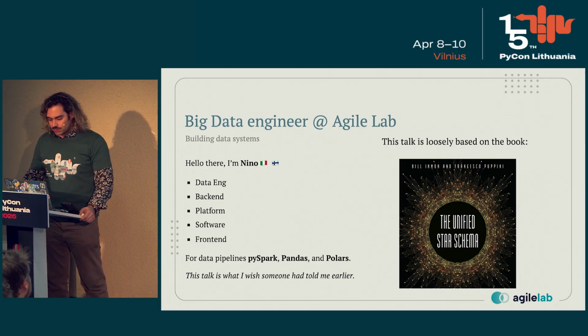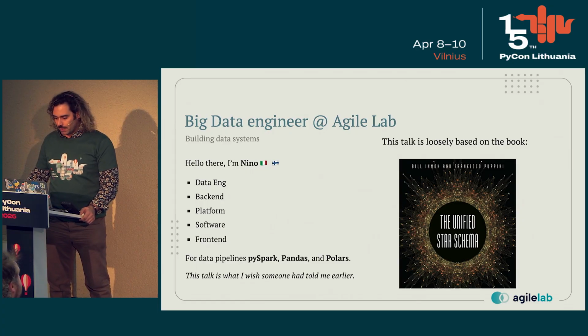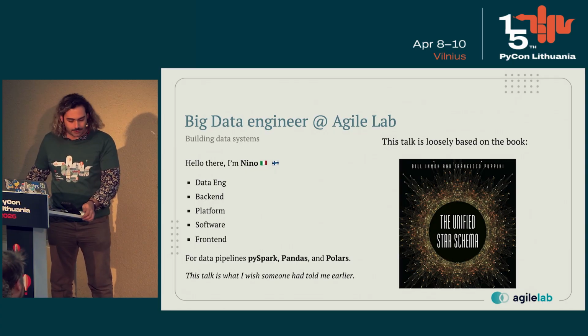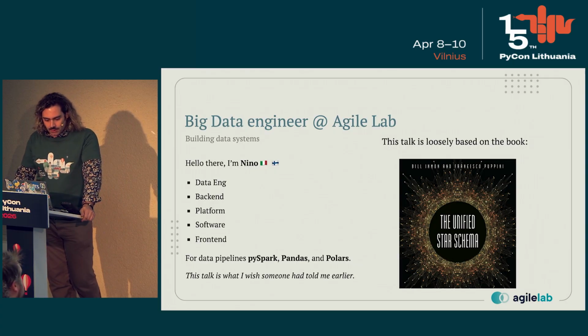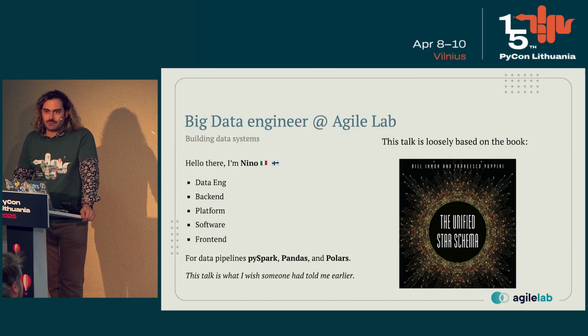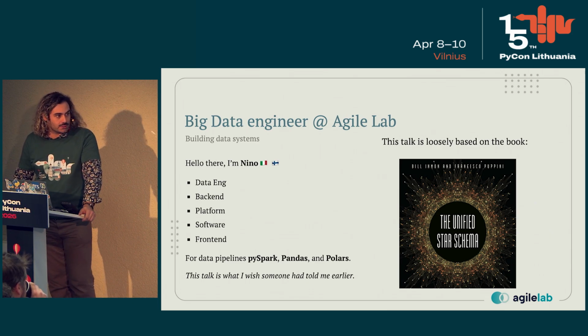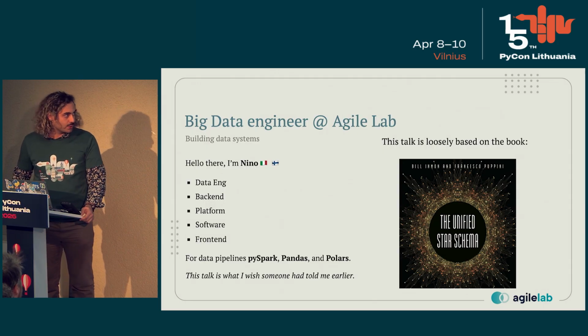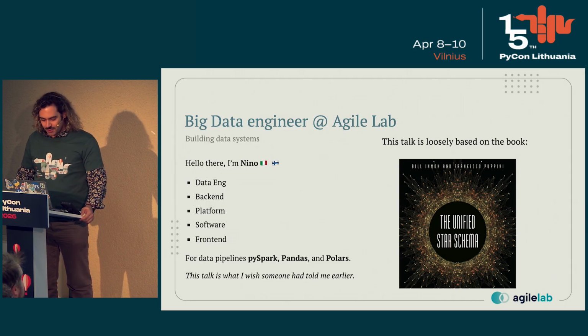This talk is loosely based on the book The Unified Star Schema by Bill Inmon and Francesco Puppini, and it applies to all these three frameworks as well. This is something that I learned with experience, and this is the kind of mental framework that I wish somebody introduced me to from day zero.